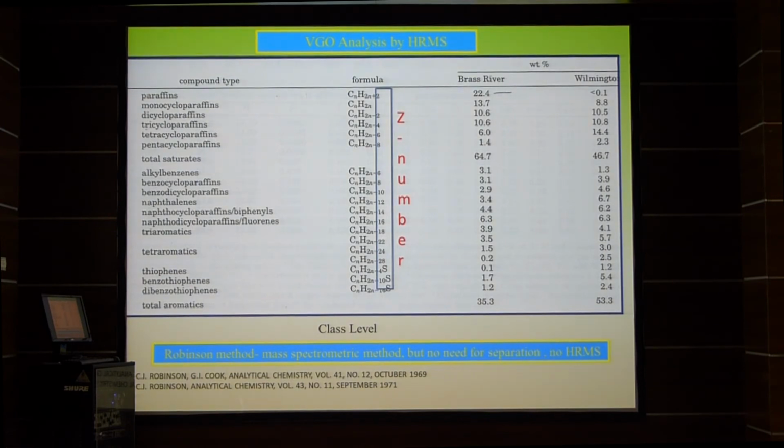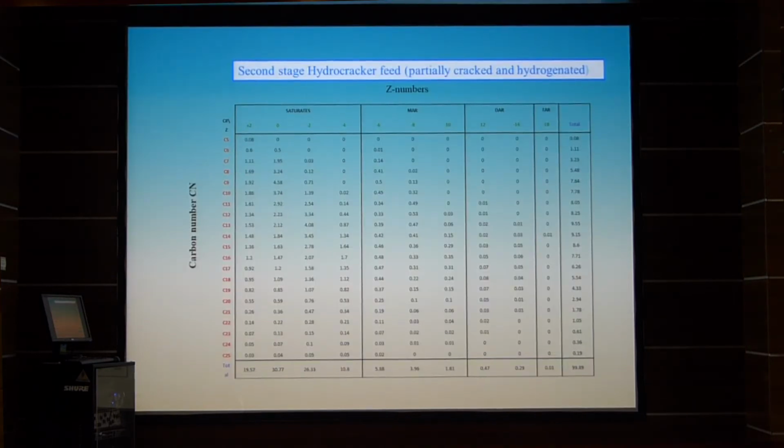This is a VGO analysis by high resolution mass spectrometry, and it shows you the level of detail that you can reach by means of this analysis. Using that approach, it shows you the hydrocracker feed for a second stage hydrocracker.